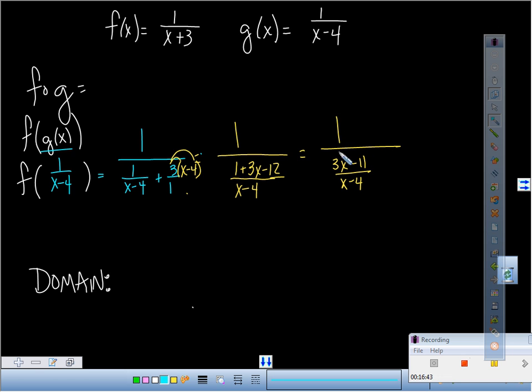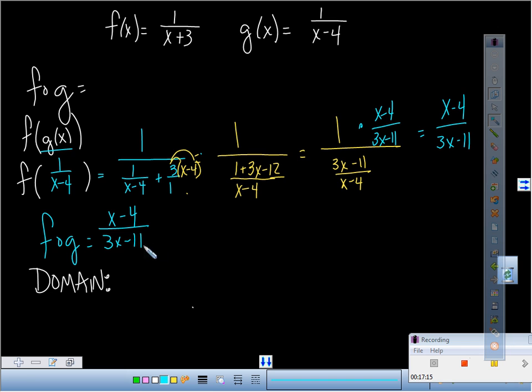When you put 1 over something, what does it do to it? Takes its reciprocal. That's all it does. So all I'm doing is taking this fraction's reciprocal, or you could use that old rule, invert and multiply. But either way, you get x minus 4 over 3x minus 11. So that is my composite function. f composite g is x minus 4 over 3x minus 11.